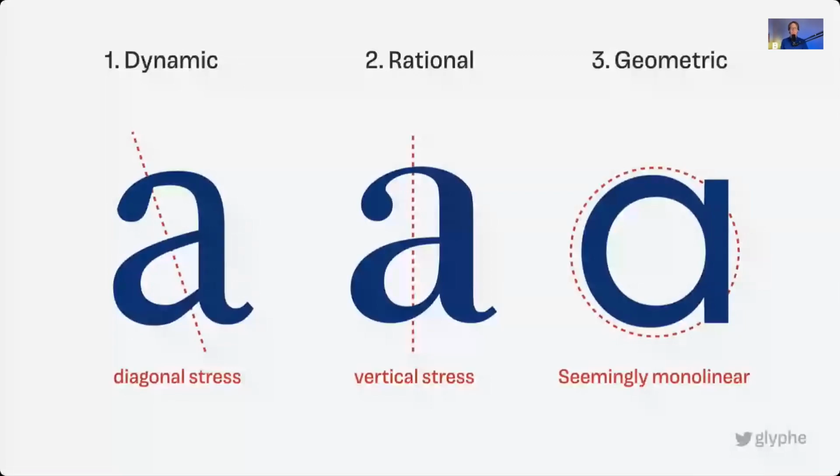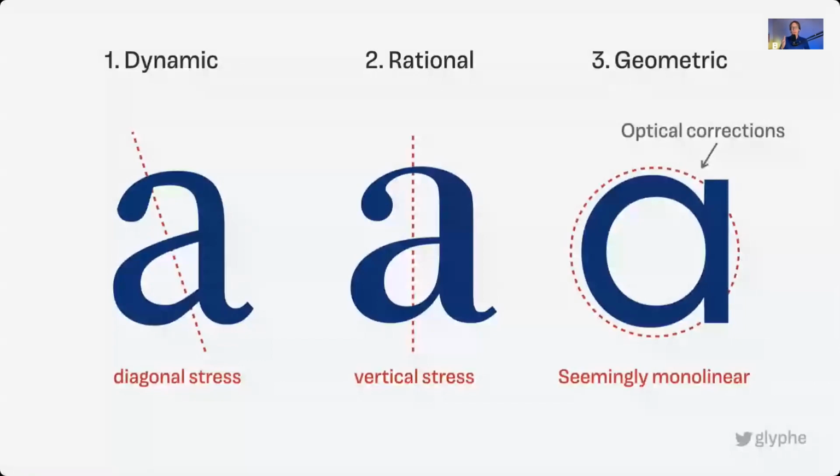Don't think that the part here on the right side is a contrast. This is just an optical correction so that the stem and the bowl, or the circle, don't look too thick when they get connected. It's nothing intentional to make it contrasting. So we have these three form models, and we see them everywhere.